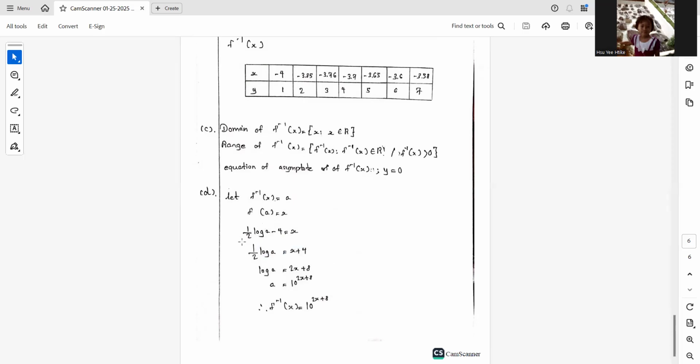So I get like this, and then I solve the equation, and the final answer came out like this: a is equal to 10 to the power of (2x plus 8). So a is equal to f inverse of x. The final answer is f inverse of x is equal to 10 to the power of (2x plus 8).